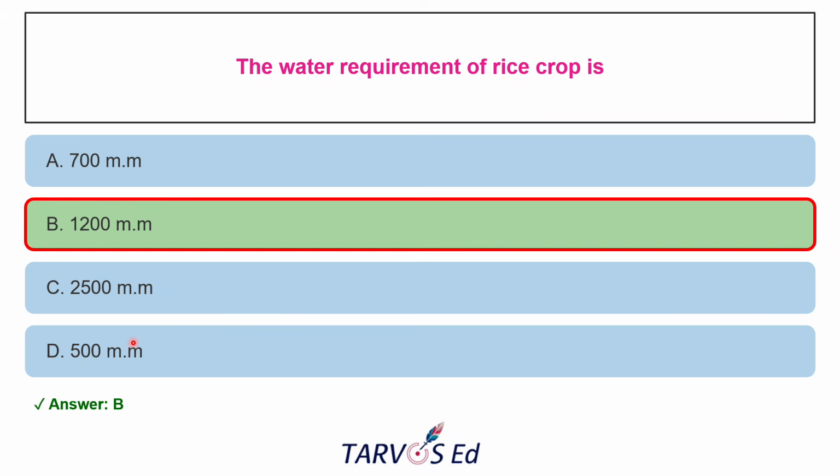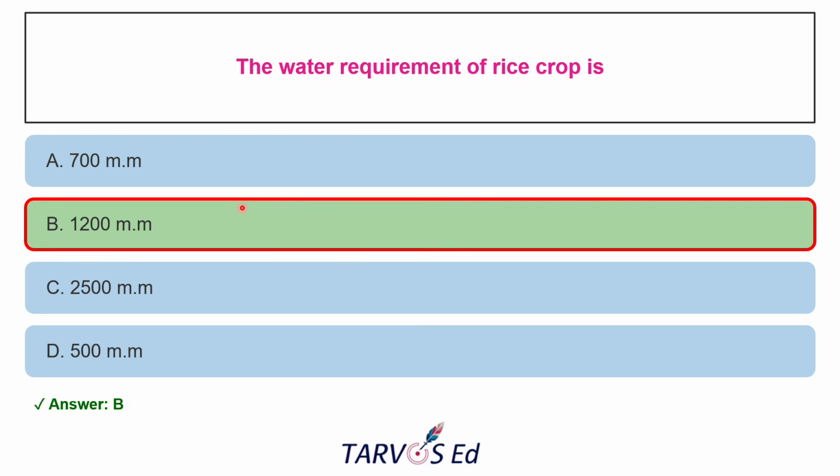And 500 mm, usually rice dies at 500 mm. And this 500 mm is the water requirement for dryland crops like bajra, jowar and all. Okay, so the correct answer is 1200 mm for the average condition.